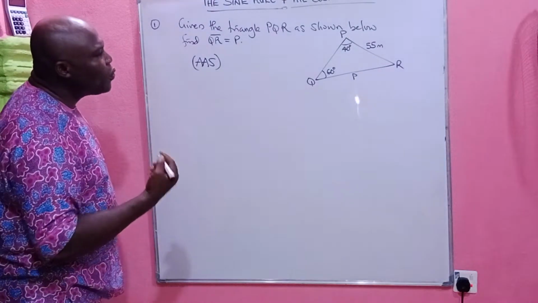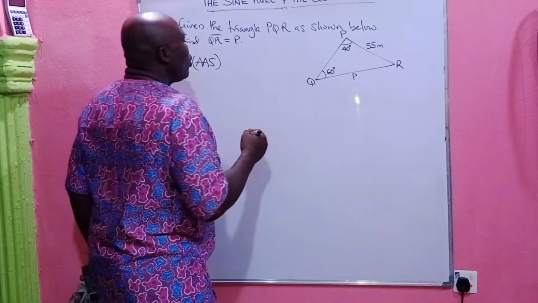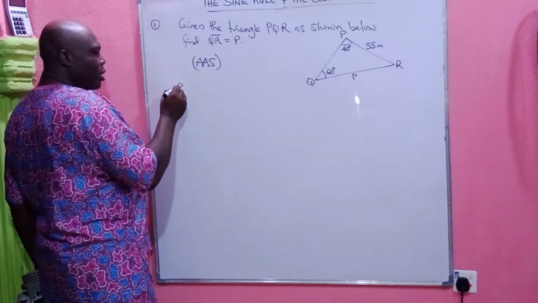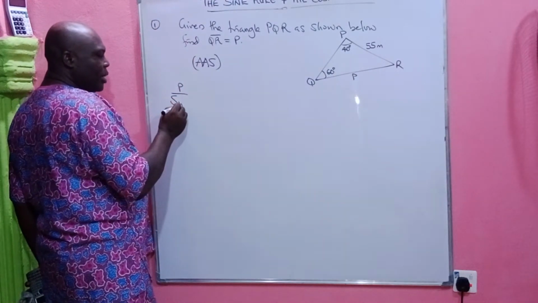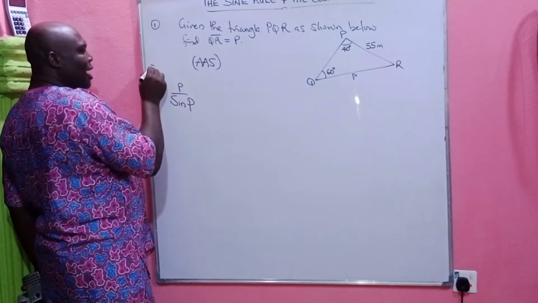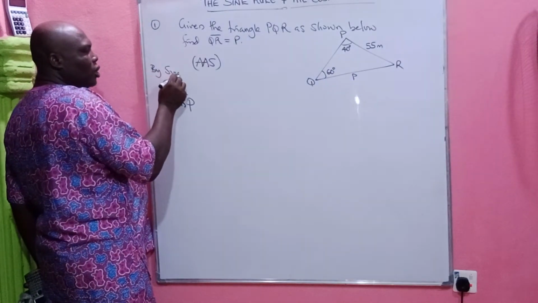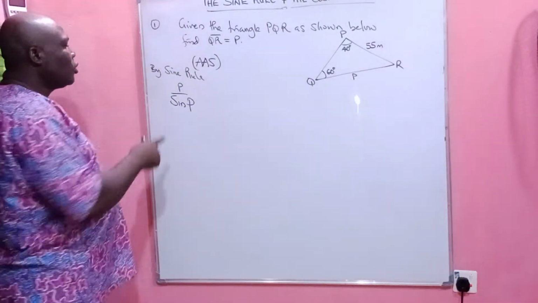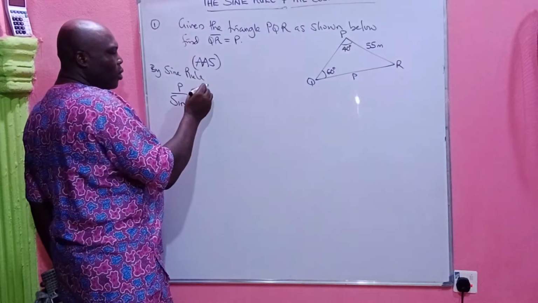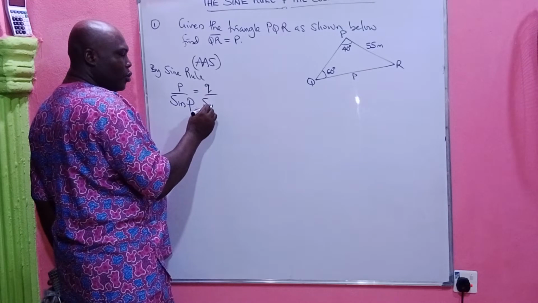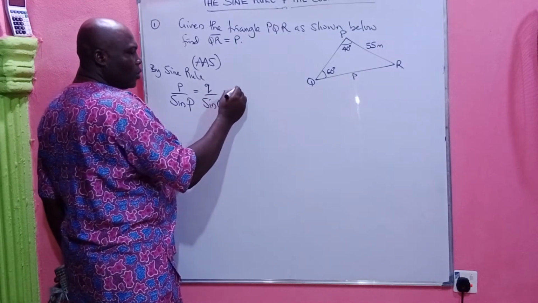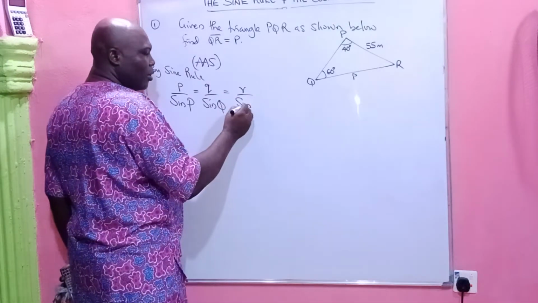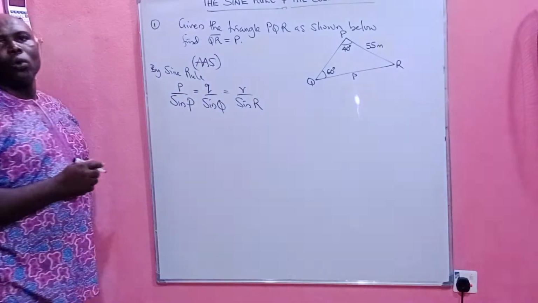By the sine rule, we are supposed to have small p over sine P. I've told you it will not be defined only in A, B, and C; it can be in PQR. So p over sine P equals q over sine Q, and that equals r over sine R. So that's the sine rule.